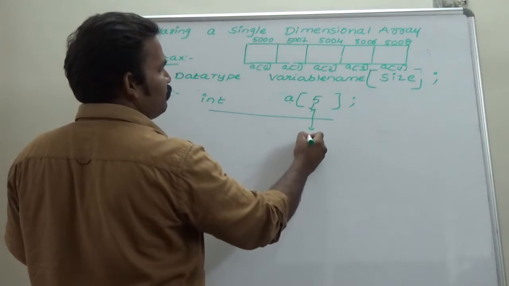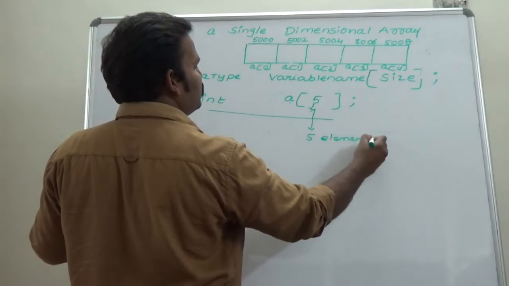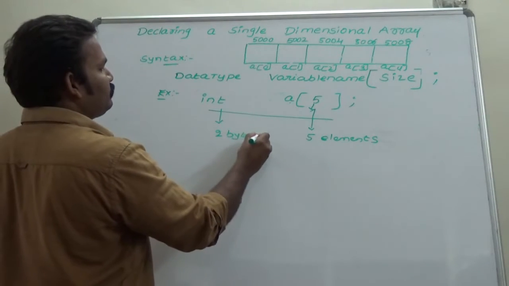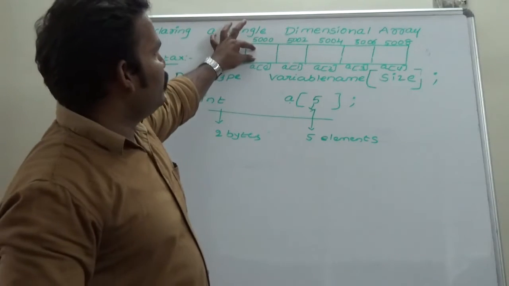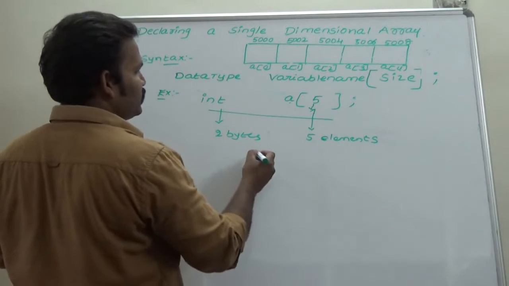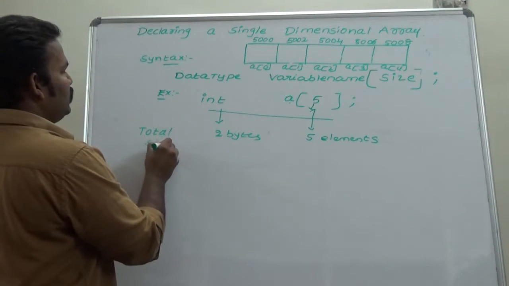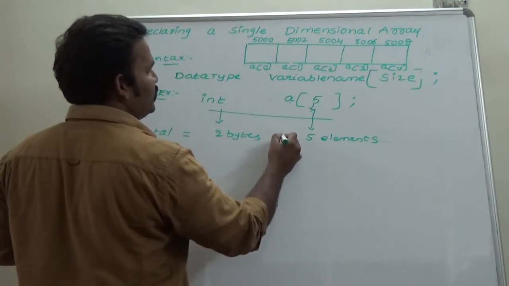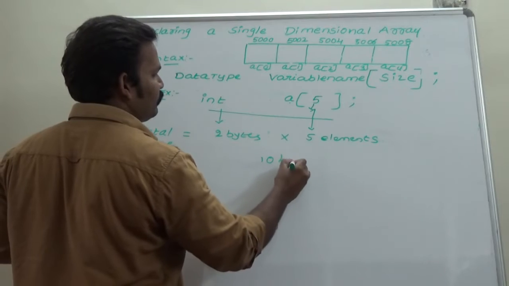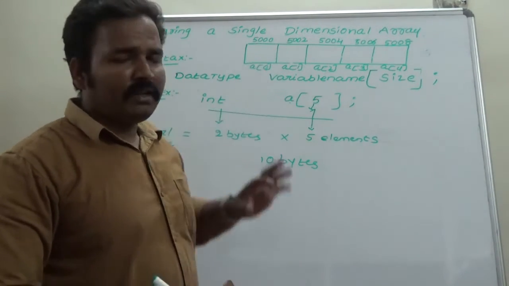The int data type memory size is 2 bytes, so each element occupies 2 bytes of memory. Total size is 2 bytes into 5 elements, 2 into 5, 10 bytes. So here 10 bytes memory is allocated for the A array.